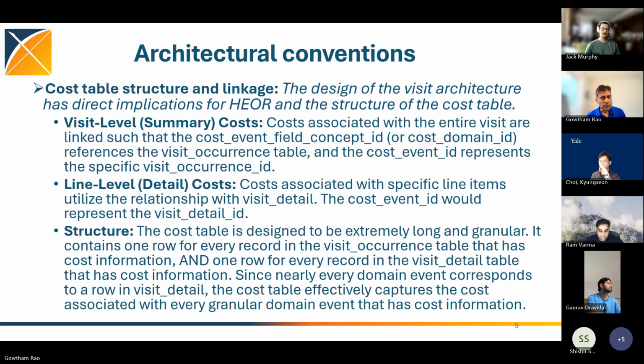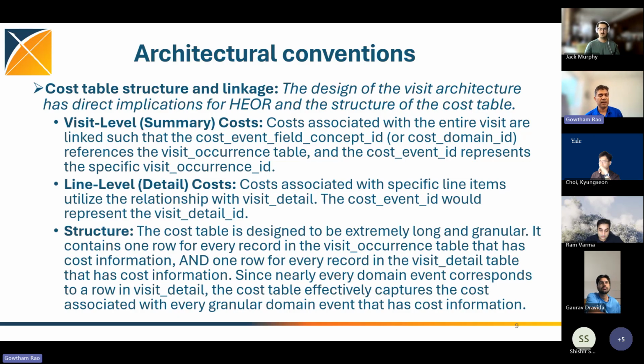But we are not reinterpreting the source of truth, the provenance. If the source of truth says this is header level data, we are calling it a summary cost. Header is called a summary cost. If the source has a line level cost, we are calling it a detail cost. Same idea, just a slightly different name, so that we standardize the name, not just call it US claims names, but a generic global name.